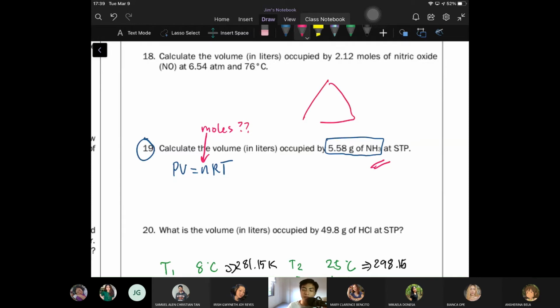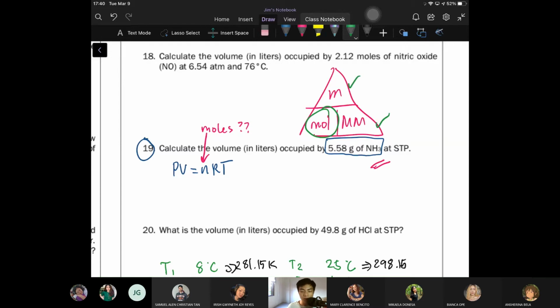So we can use the triangle, mass, molar mass, mole. Sa taas pala yung mass, mole, molar mass. Okay. So kung gusto mo makuha yung moles ng matter, that is just mass divided by the molar mass, no?